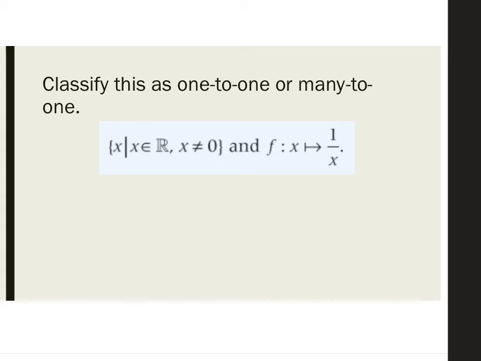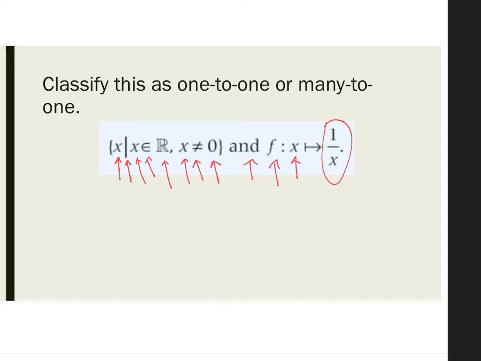Whew. Okay, so take a look at this. There's a lot of notation going on here. Let me see if I can read this to you so that it makes sense. This is a set of all the x's such that x is an element of the real numbers, x does not equal 0, and the function of x is 1 over x.